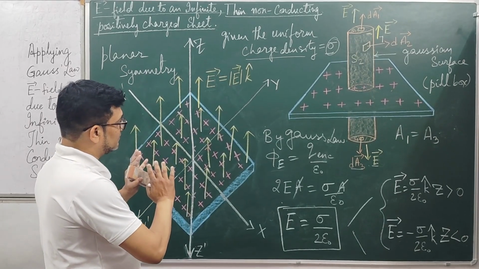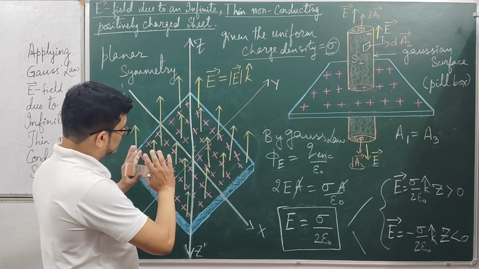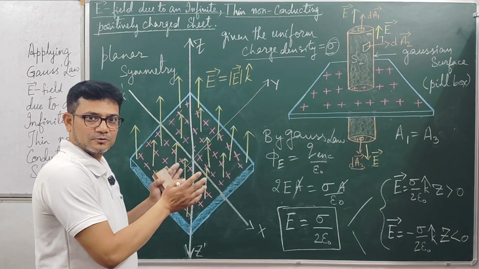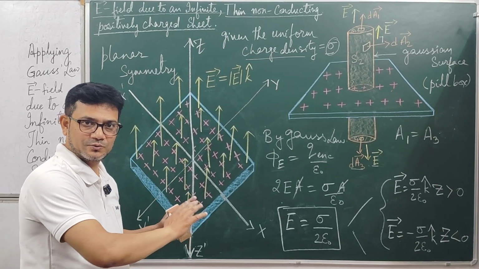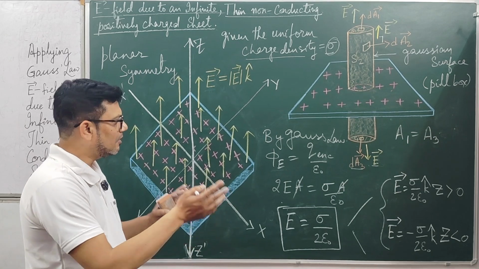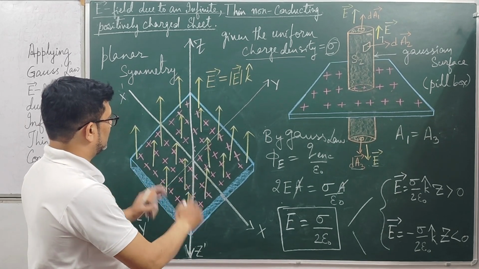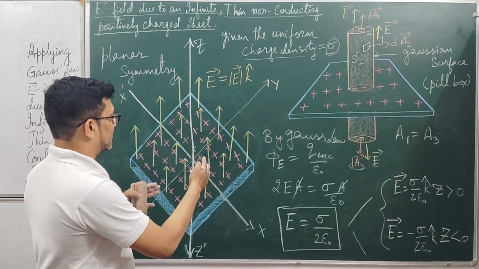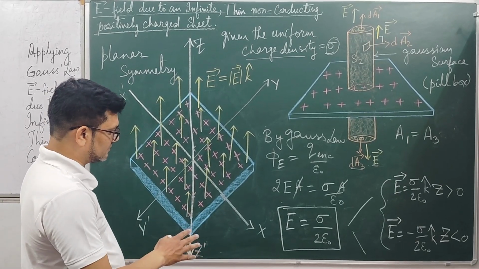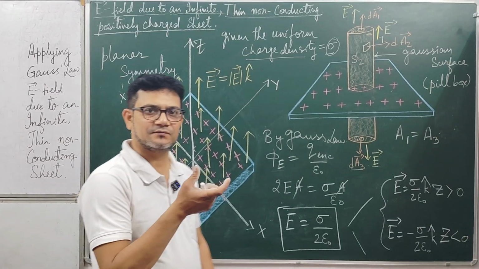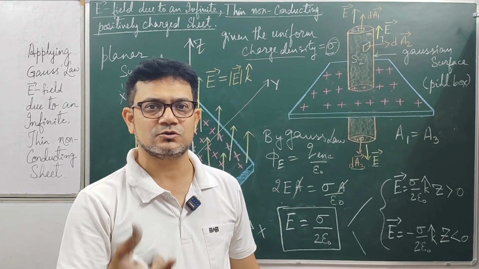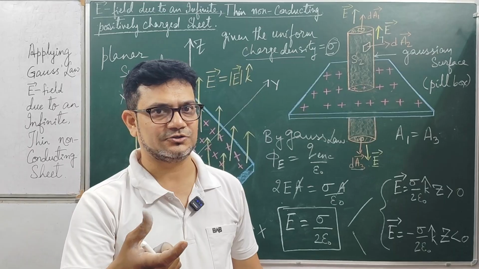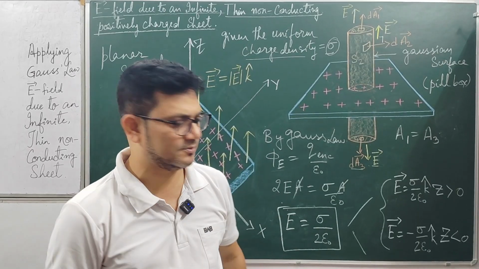Both may be positive, or one may be equal to the other, or we can take two of similar but opposite nature, one plus, one minus. Then we'll figure out what would be the net electric field in between those two non-conducting sheets if they are placed in close proximity.